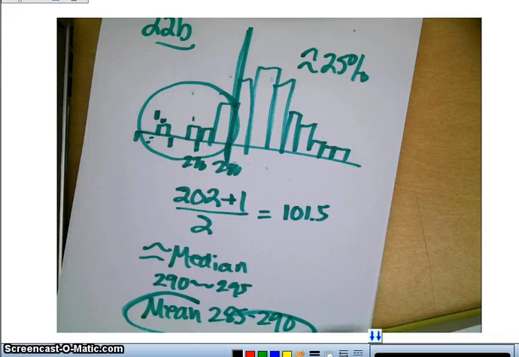Now look at the shape of this graph. How did you describe the shape of the graph in part A? You should have described shape, center, spread, unusual values. Shape, approximately symmetric. Typically in symmetric data, the mean and the median will be about the same.